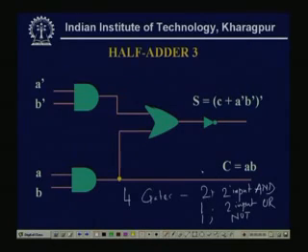Initially it was 17 inputs. In all the circuits we are assuming that the variables are available both in complemented and uncomplemented form.